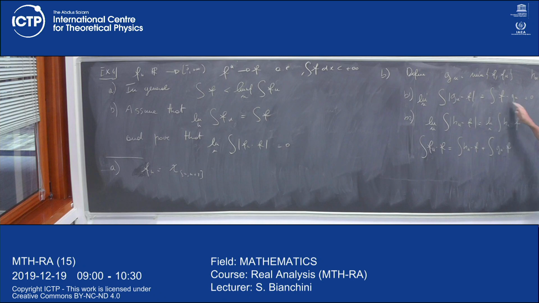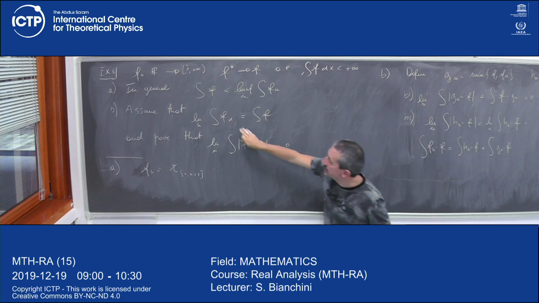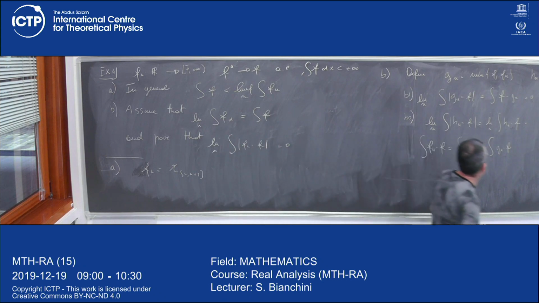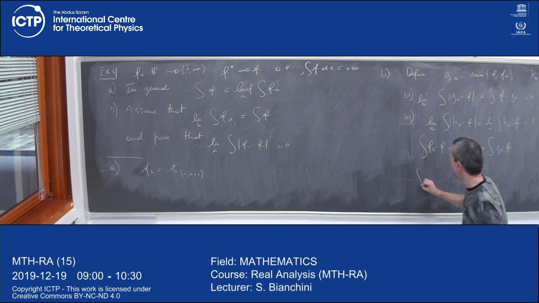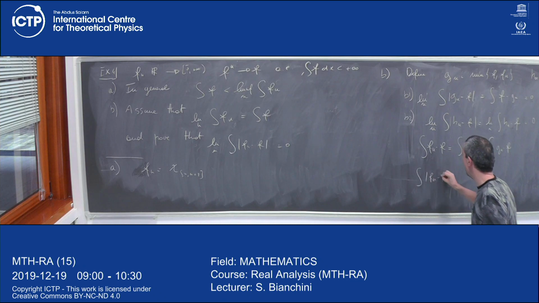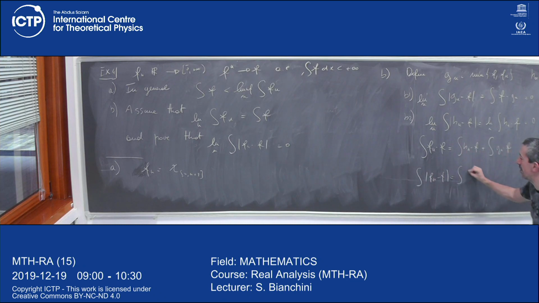But the limit of this guy is 0. The limit of this guy is the assumption, so I deduce that this guy is equal to 0. Okay, and then I have just to observe that fn minus f is the integral of hn minus f plus f minus gn. And so the limit is 0.